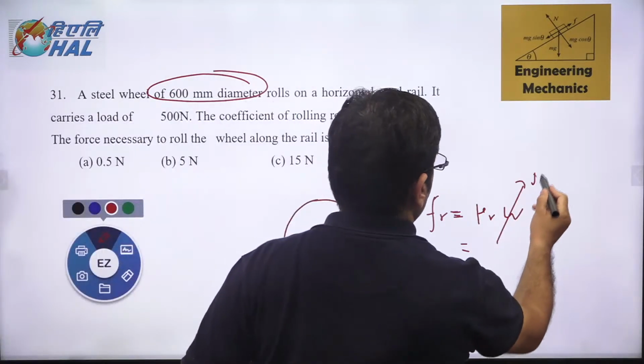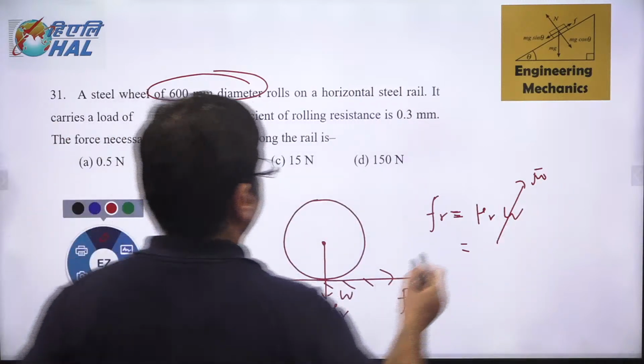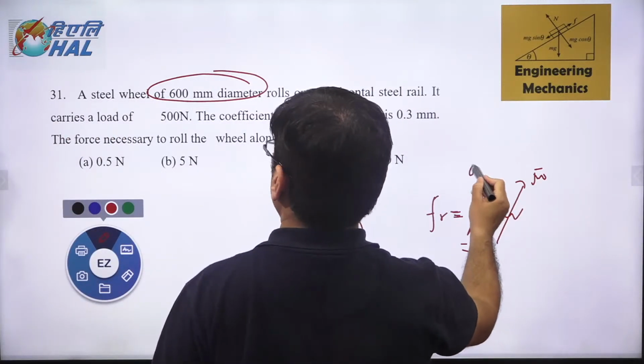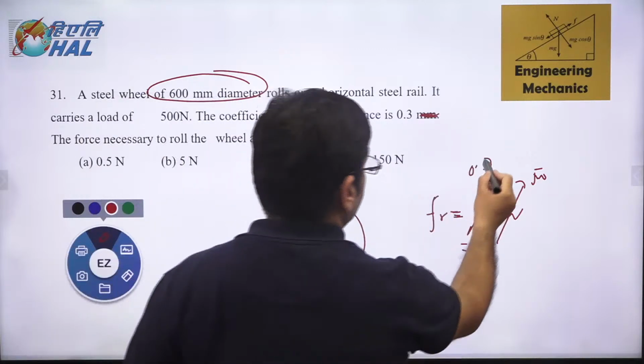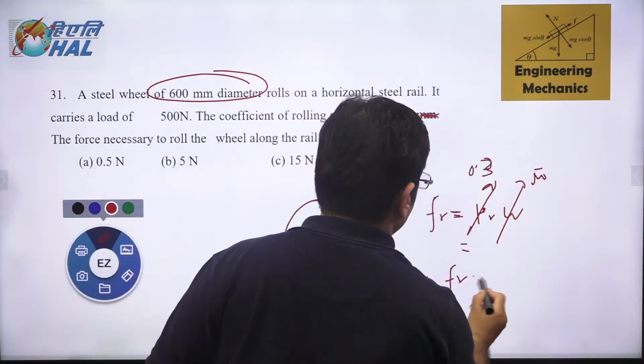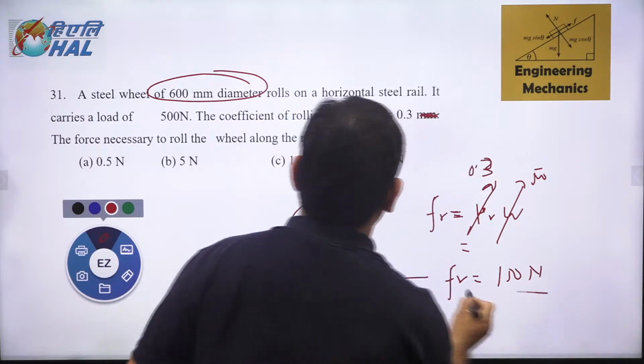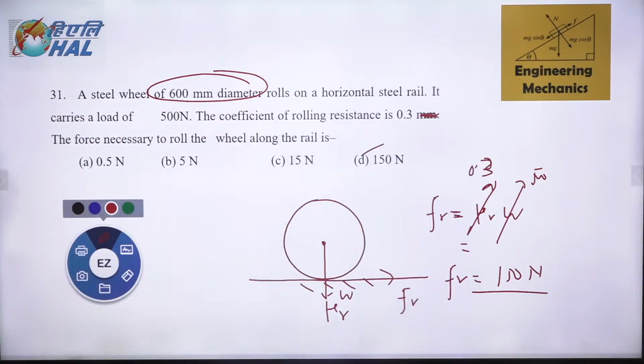So the 500 comes in, and the coefficient of rolling friction is given as 0.3. I don't think there's any unit for that. So rolling friction will be 150 Newton. That is the answer. So rolling friction will be calculated straight like this, right?